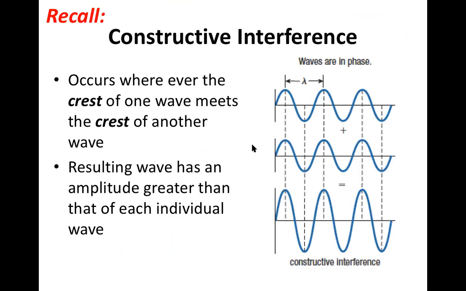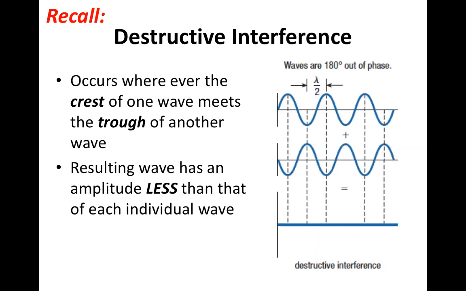You should have learned constructive and destructive last year, but just to clarify, it's when the crest and the crest meet, the resulting wave has a higher amplitude than any individual wave before the interference, and the destructive interference occurs when the crest and the trough meet, and the resulting wave has an amplitude that is less, taking away up to all of it. So it could have an amplitude of 0.